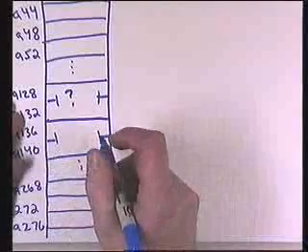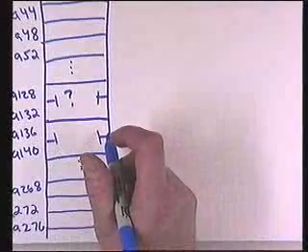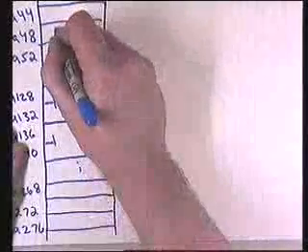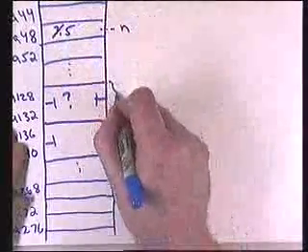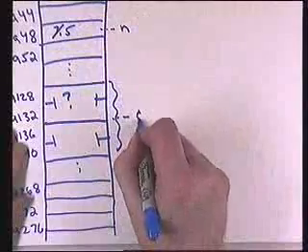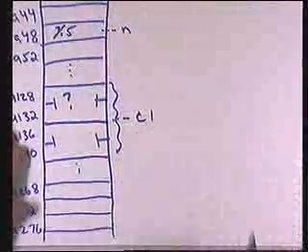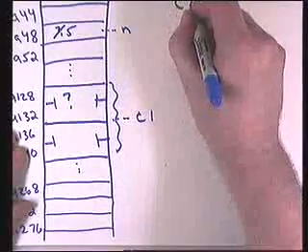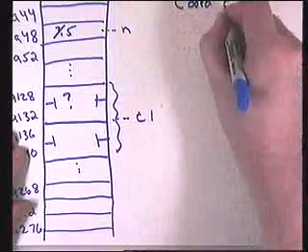And of course, we should have n there as well, the original question mark that we had overwritten with 5. And now we have C1 there, because we had said Chord C1.